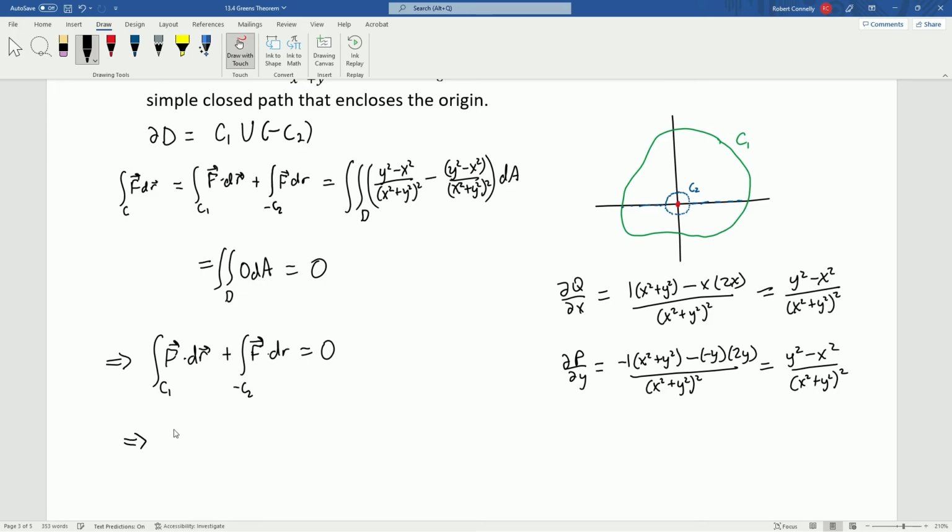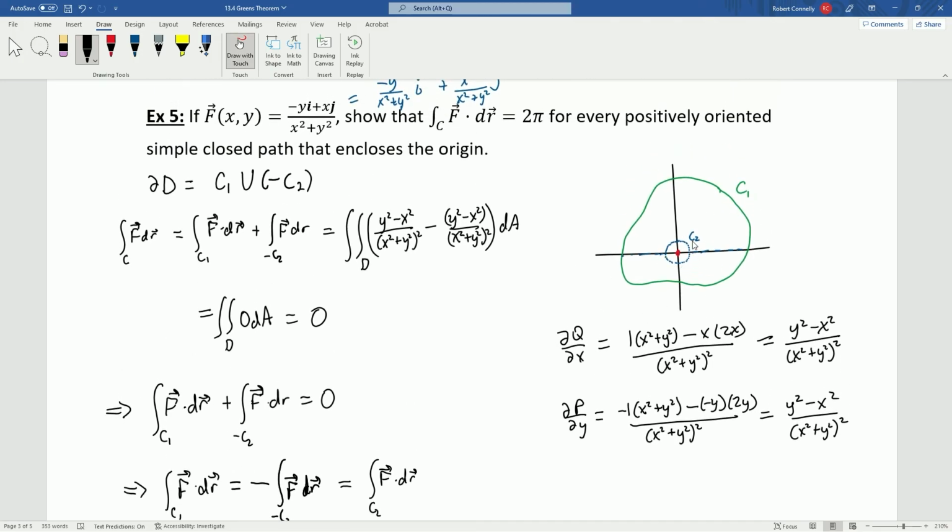But that implies that the integral over C1 is equal to negative the integral over negative C2 of F dot dr. But here, if we change the orientation of this curve, we could make this positive instead of negative. So this would be equal to the integral over C2 of F dot dr.